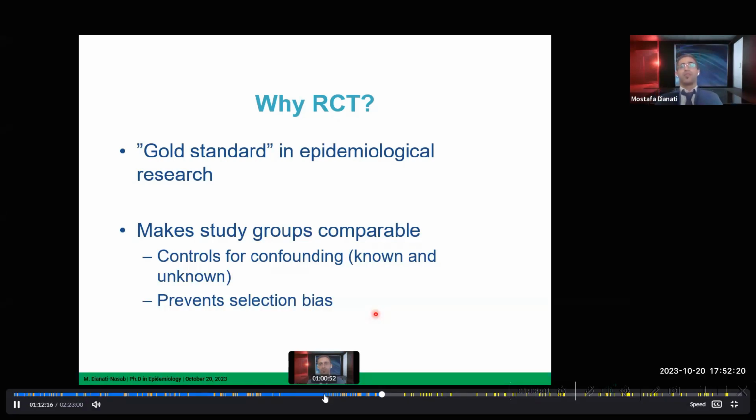Because all the patients are randomly allocated to arms, you are not manipulating the population. You are not saying, yes, you should go for this one, you must go for this group. Then selection bias does not exist by nature. I hope it's clear for you. If not, please let me know.